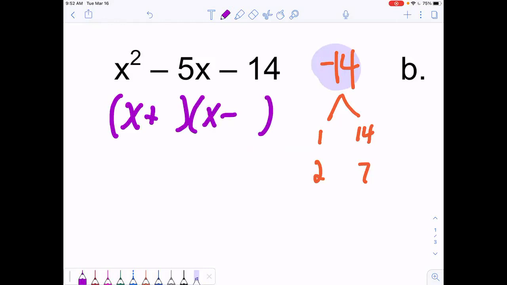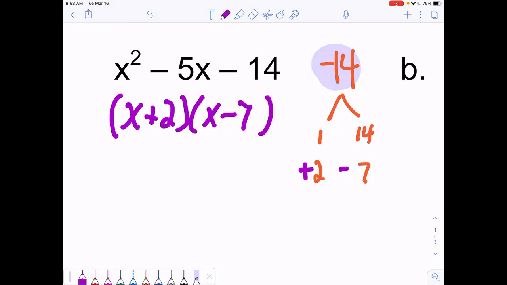So we want to find which one of these has a difference of negative 5. Would it be 1 minus 14, 14 minus 1, 2 minus 7, or 7 minus 2? Yeah. So positive 2 minus 7 is going to give you that negative 5. That's it.